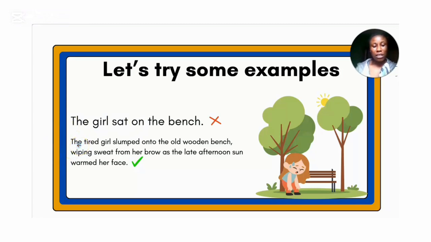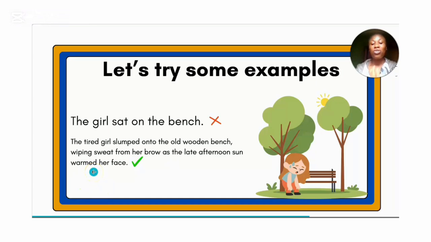But if I see the second sentence in a passage, the tired girl slumped onto the old wooden bench, wiping sweat from her brow as the late afternoon sun warmed her face. This is a very detailed description of everything that happened in this picture.